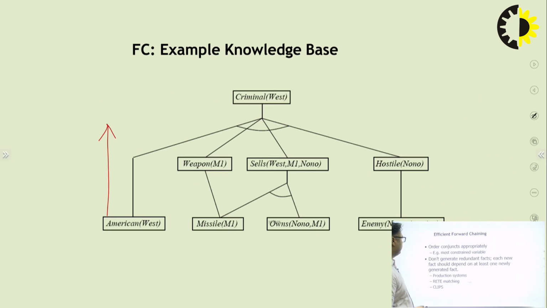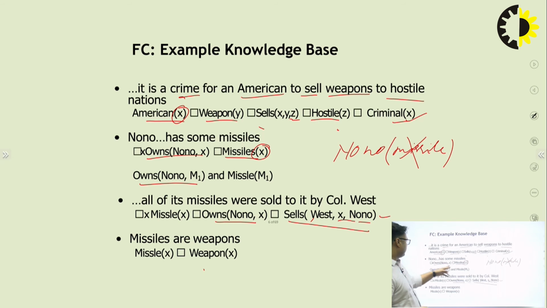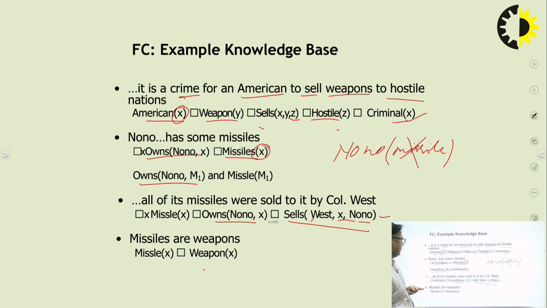Here missiles is related to Nono, and hostile is already mentioned, so it is put on the tree.